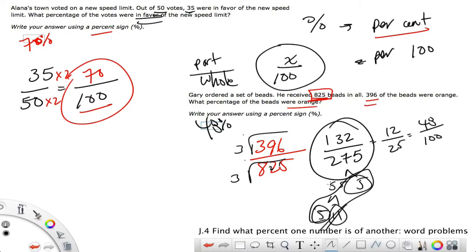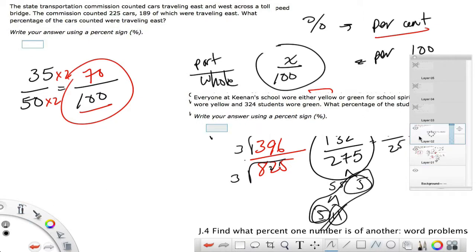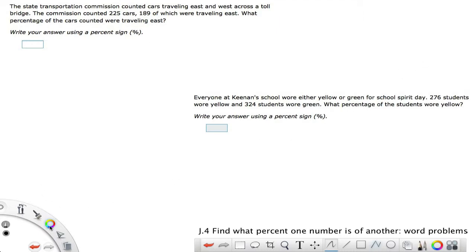So this one's a little bit harder because of the number they gave you. So be careful on those. Let's do a couple more examples. Alright, so we have 225 cars, 189 traveling east. What's the percentage? So this is straight division. Here's our part, and here's our whole.